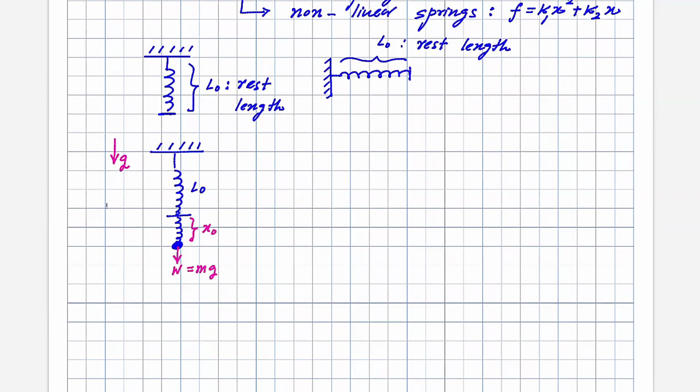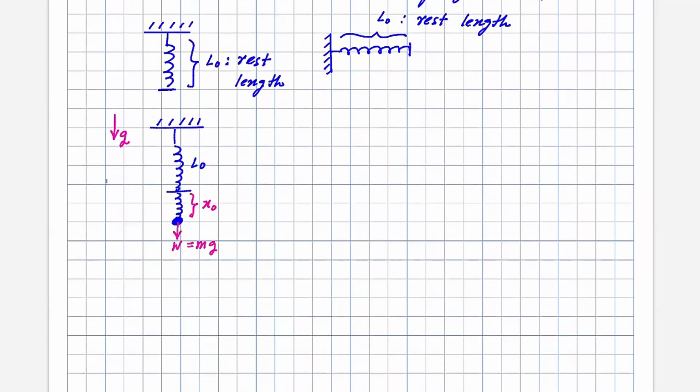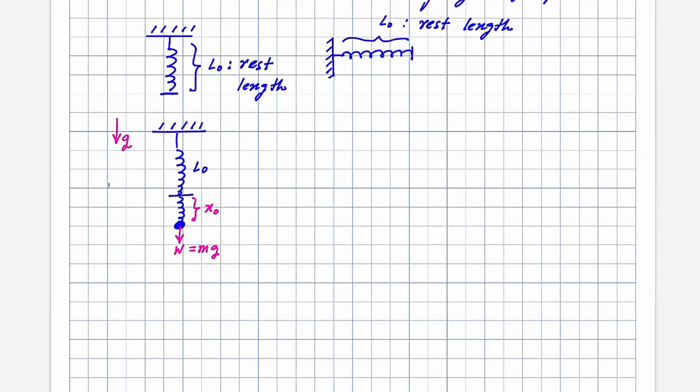Okay. So now we will try to understand the physics behind it. Now, there are two levels here. When it comes to the second level, this is called the equilibrium situation.